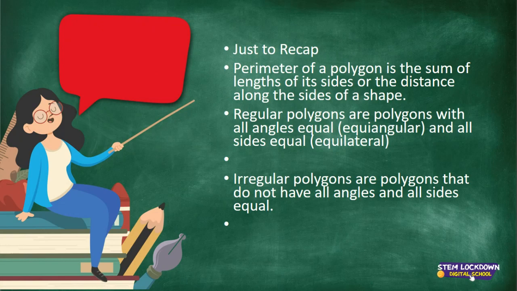The perimeter stays the same, and that will be the distance around the edge of the shape. And of course, for all regular polygons and irregular polygons, the perimeter is the same.